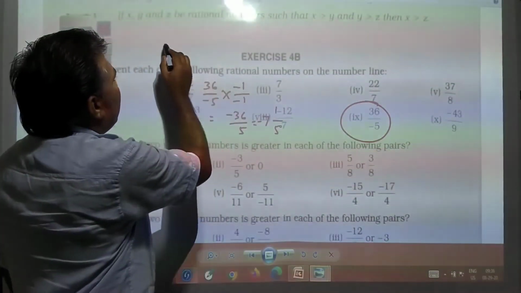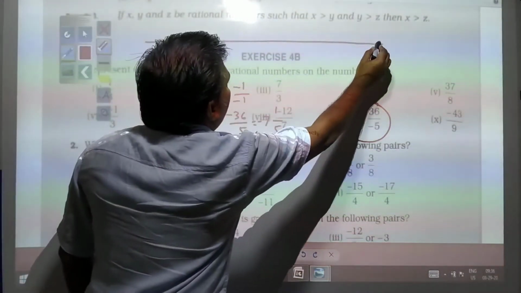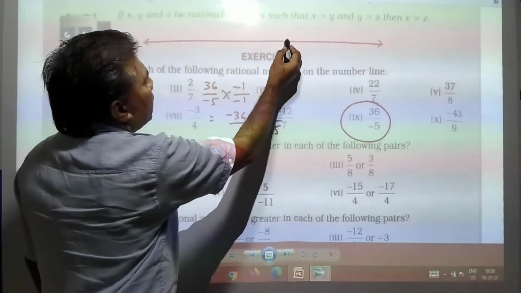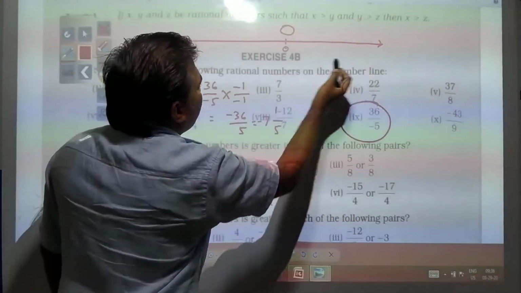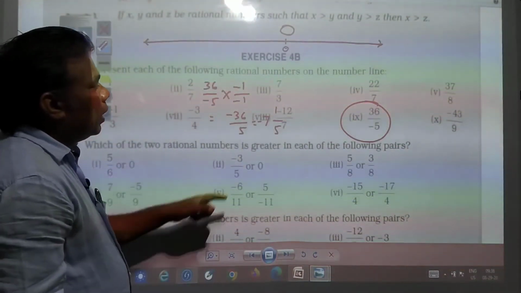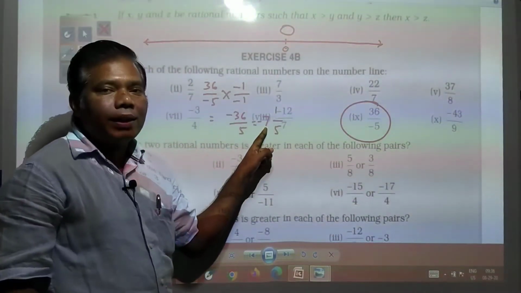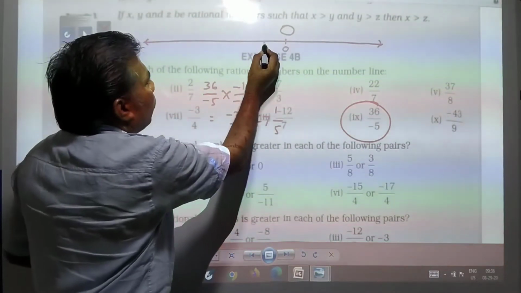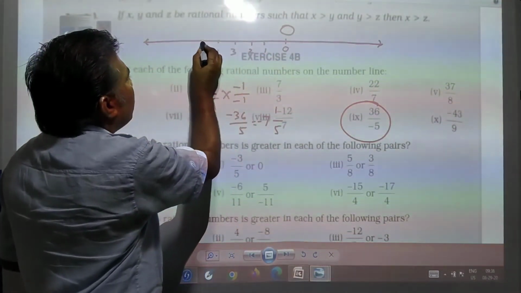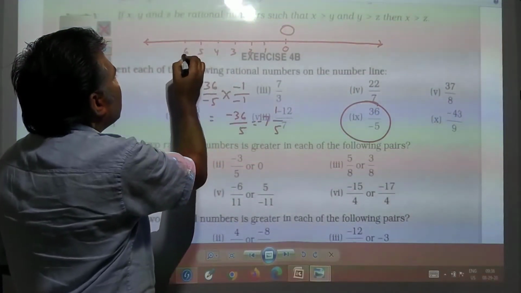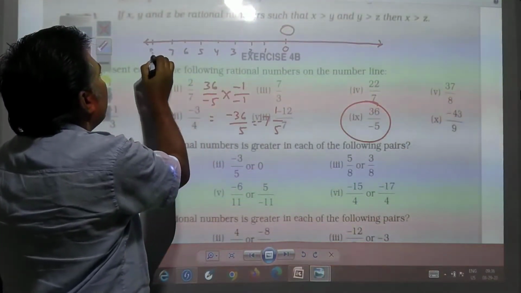Now what is to be done? Again a number line is required to be drawn. Fix a point, suppose O, the numbers start with 0, this side positive, this side negative. Here you have 7 whole, minus 7 whole. So 1, 2, 3, 4, 5, 6, 7, 8, suppose you have.